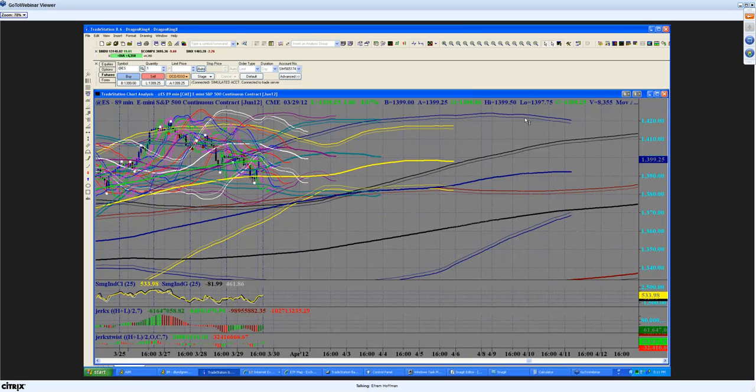ExxonMobil, have big market capitalization in the index, and oil being in a correcting phase, and likely being in a correcting phase as we play out through the May period, before we have another chance of an up leg in technology in June.